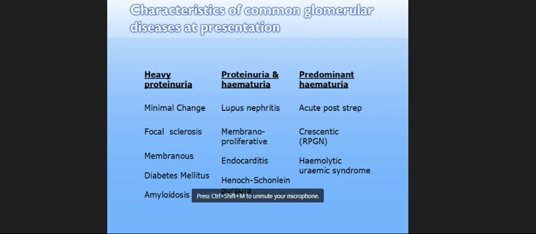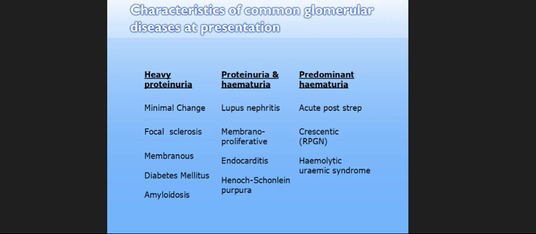Under heavy proteinuria, we will find examples of GNs like minimal change disease, which is a type of glomerulonephritis. We will find focal sclerosis, number 1 in Black Americans and Africans. We will find membranous, number 1 in our area.